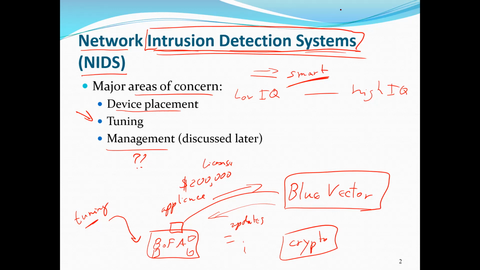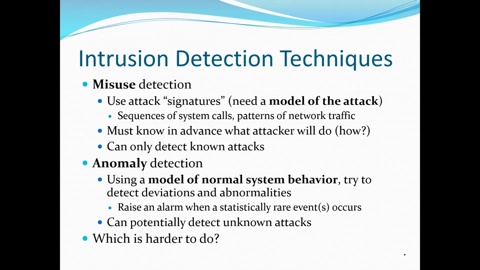So we want to think of these intrusion detection systems, and the first thing we want to do is think about what the techniques are. We understand that an intrusion detection system is nothing more than a sniffer.